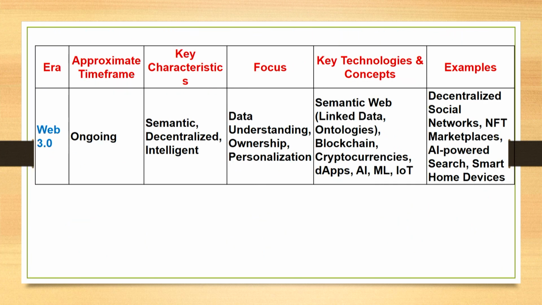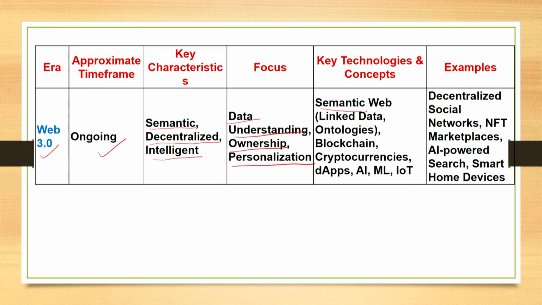After that, we have Web 3.0 and it's ongoing. Its key characteristic is what? Semantic, decentralized, intelligent. It focuses on data understanding, ownership, personalization.